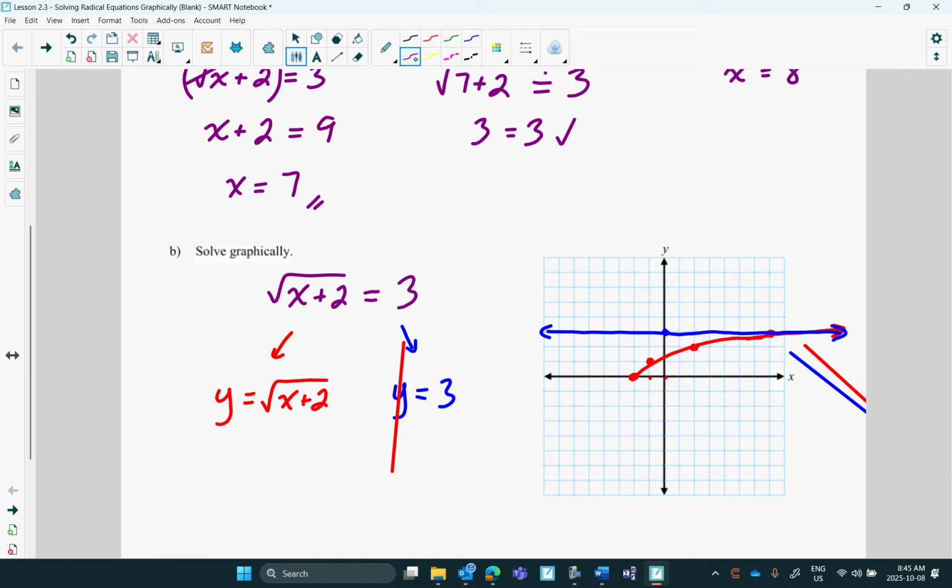What point do they intersect at? 7, 3. Or in other words, the x coordinate is 7, which will always be the case if we solve it algebraically. Okay, so this is our solution.